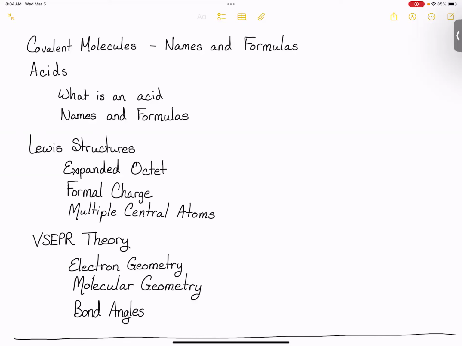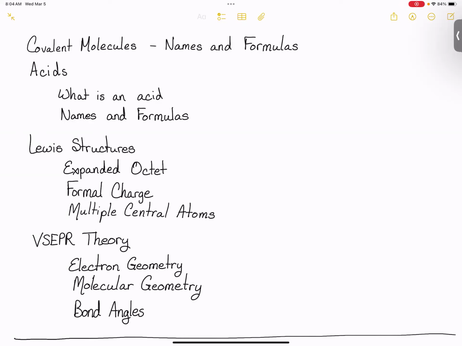I expect at that point to take a break and then come back and do Lewis structures. Now, this Lewis structure portion is going to be completing the story that we started last Thursday, where we started talking about electron dot configurations, and we developed Lewis structures for ionic compounds, and we started discussing Lewis structures for covalent molecules.